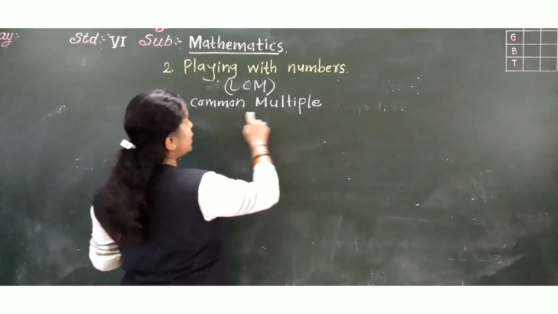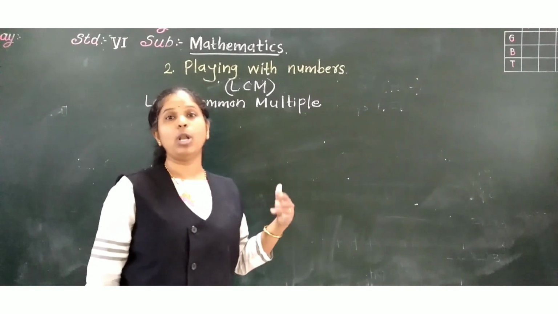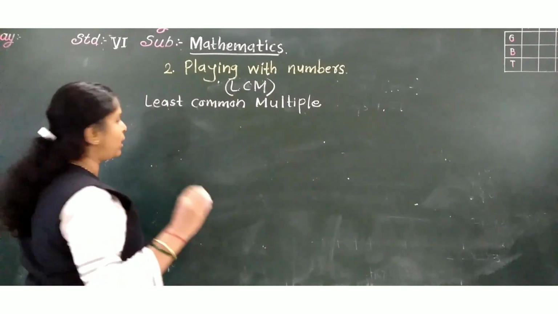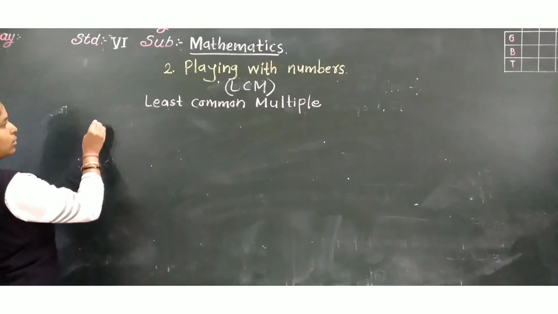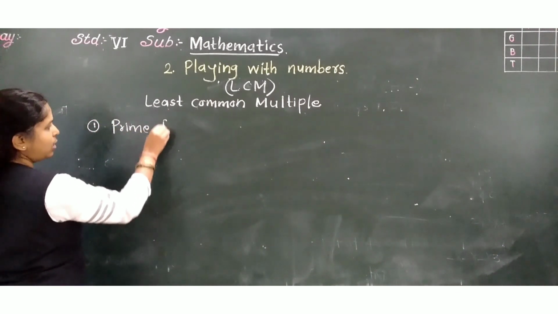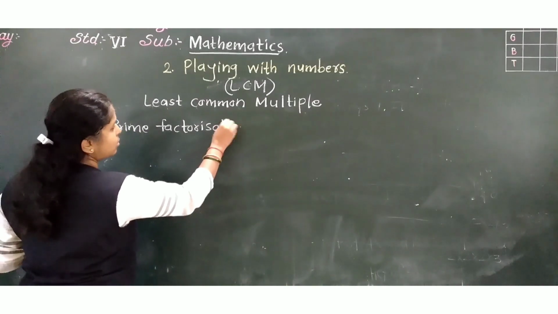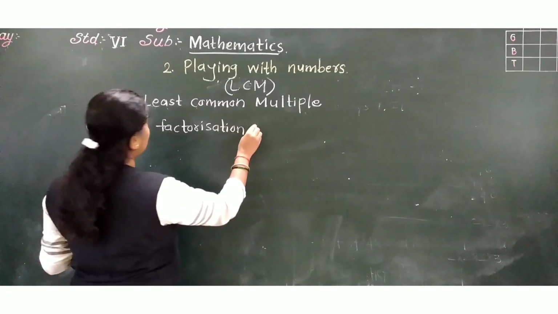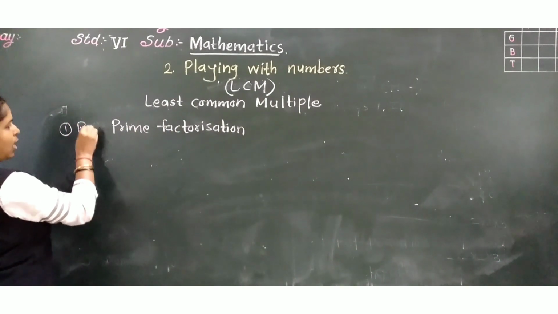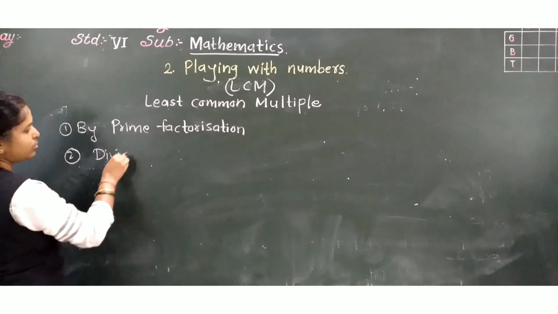So we want the least common multiple. How to find the least common multiple of any given numbers? Again there are two methods: first by prime factorization and second by division method.